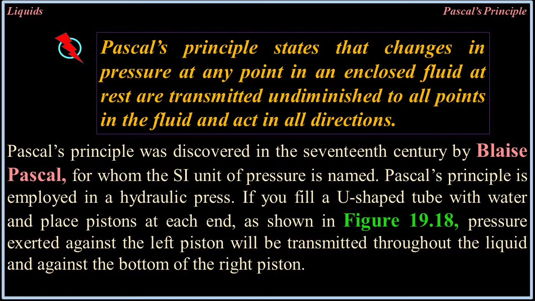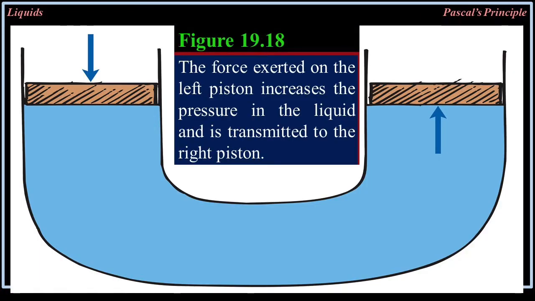If you fill a U-shaped tube with water and place pistons at either end, as shown in figure 19.18, pressure exerted against the left piston will be transmitted throughout the liquid and against the bottom of the right piston.